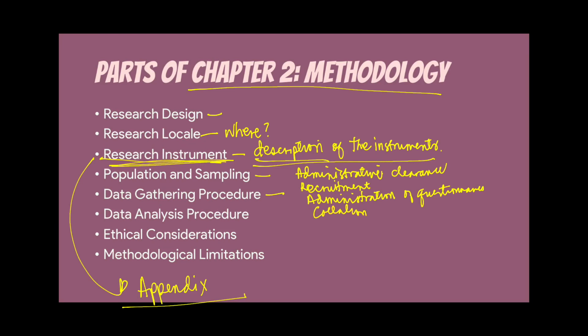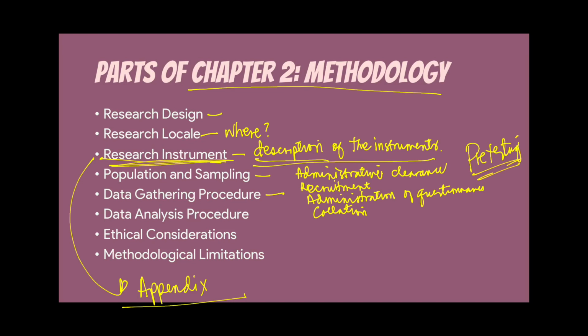So this is usually the process when you're doing a survey study; this is your data gathering procedure. Also, the description of instruments or the data gathering procedure can talk about the pre-testing process that you used.